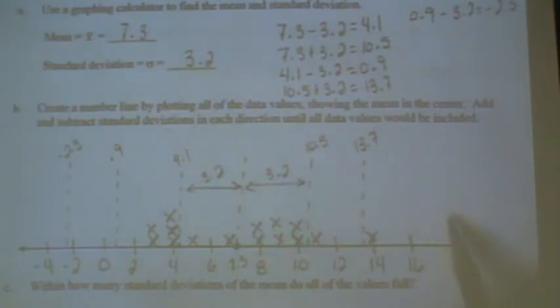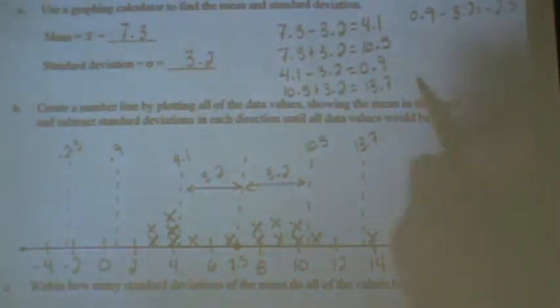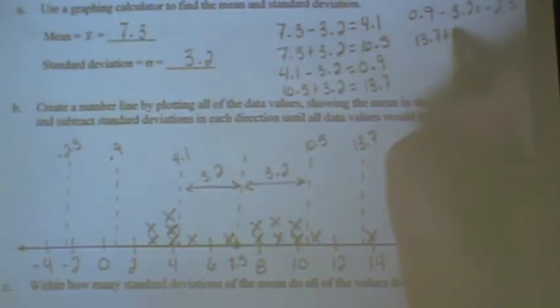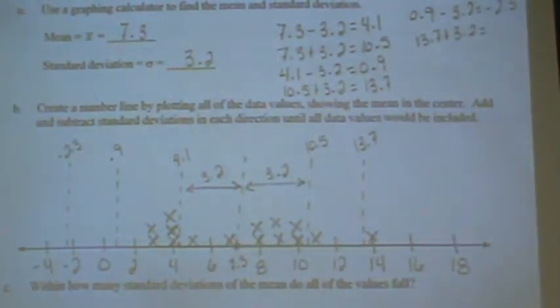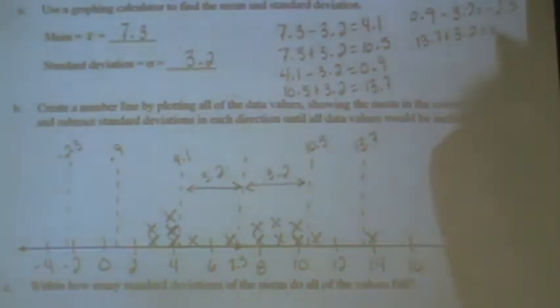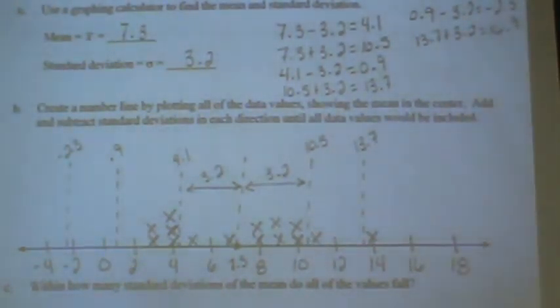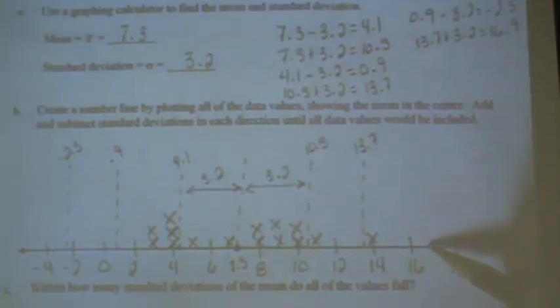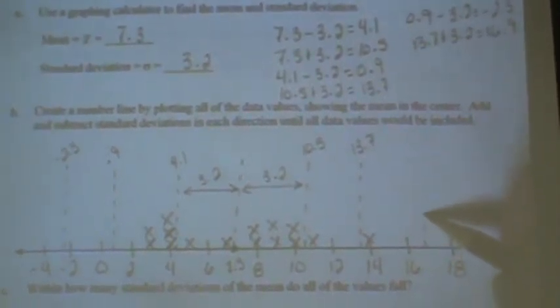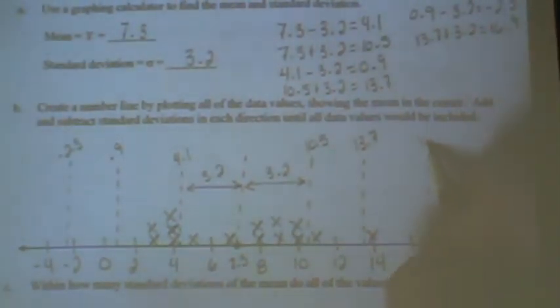And then we need to find our other side on the right. So we're going to take 13.7 and add 3.2, and that's going to give us 16.9. Then we want to graph that. That's almost halfway between the 16 and the 18, so that's our 16.9.